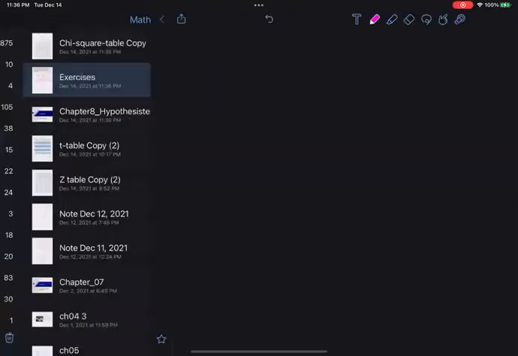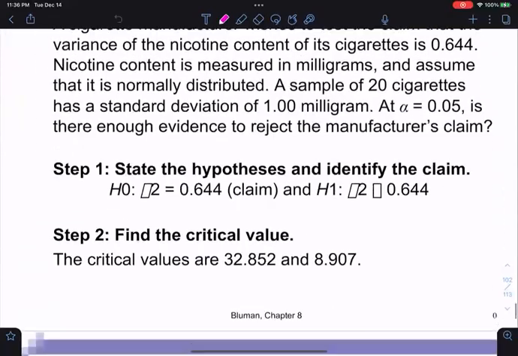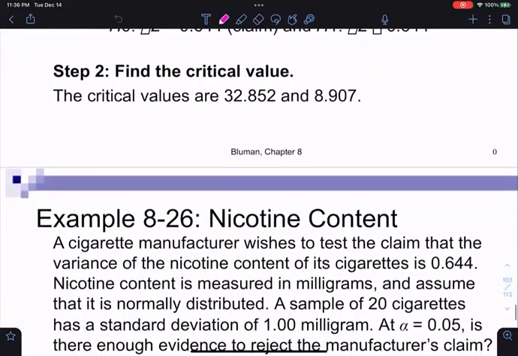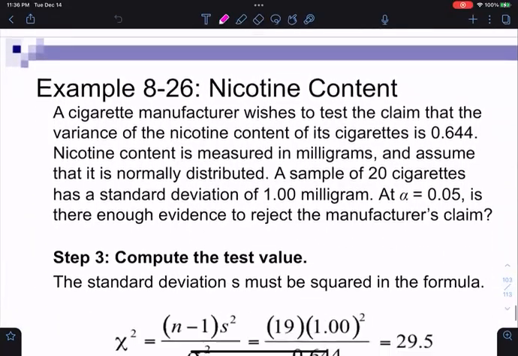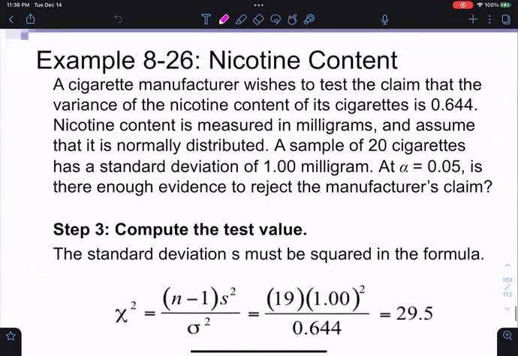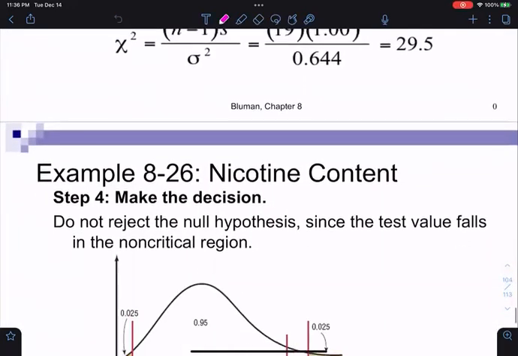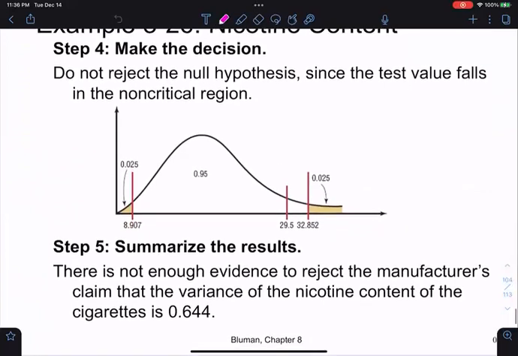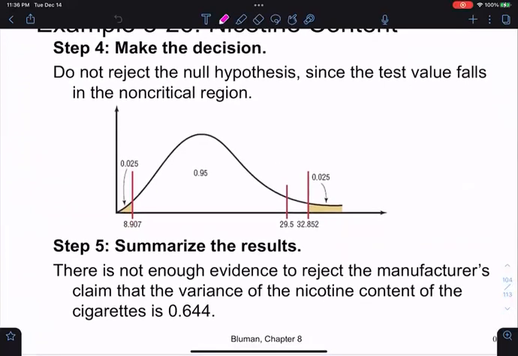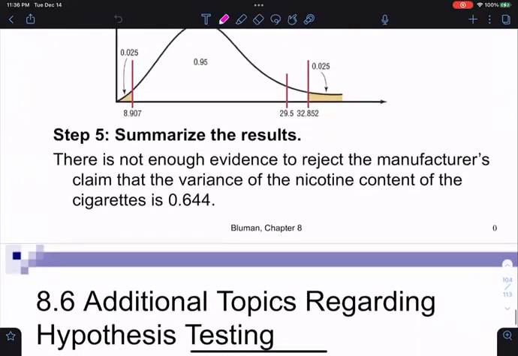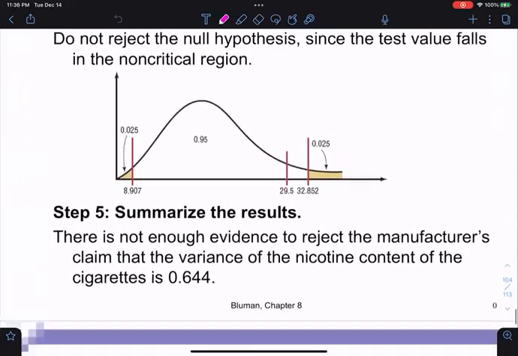So let's see what they did. It's the same thing I have. Did not reject. There's not enough evidence to reject the manufacturer's claim. Same thing, right? So we stay with that conclusion.